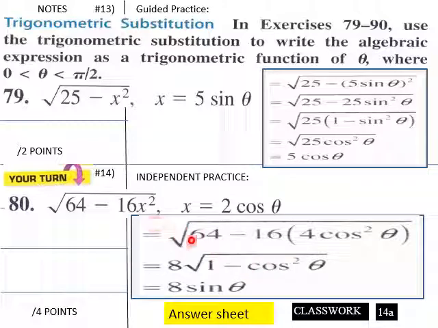And then down here, kind of like the same thing here, 64 minus 16 times 4 cosine squared theta. And then we can factor out an 8 out of here. And we get 1 minus cosine squared theta, because this will become 8 minus 16, 4 cosine squared theta.